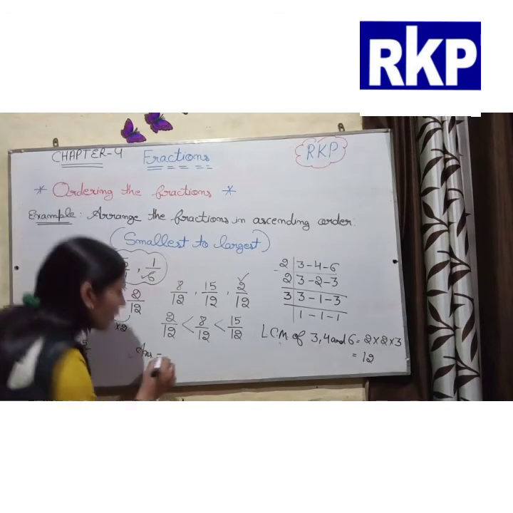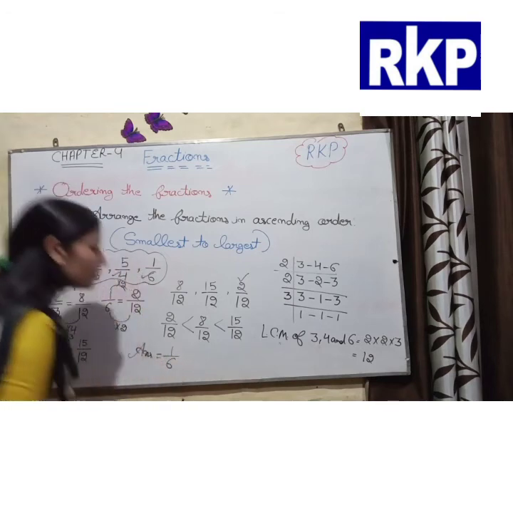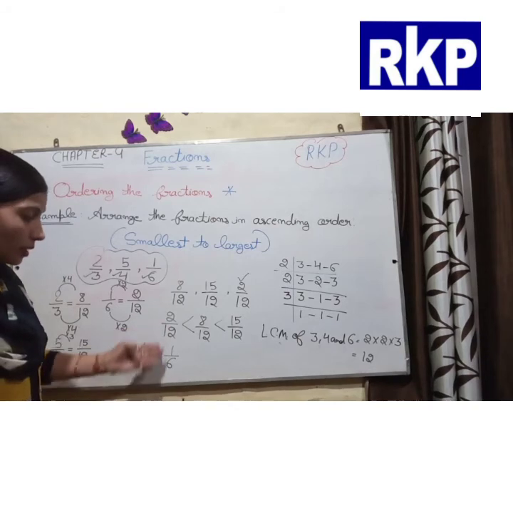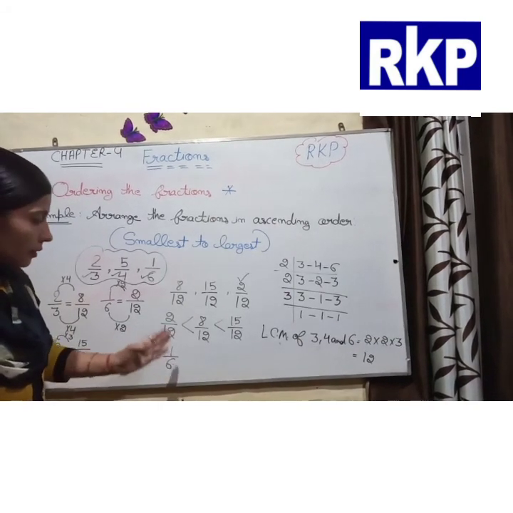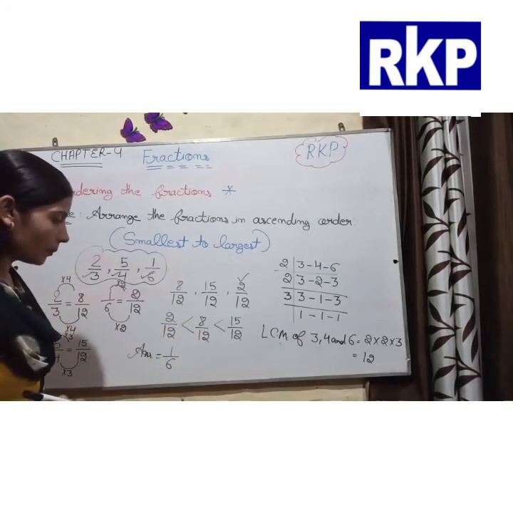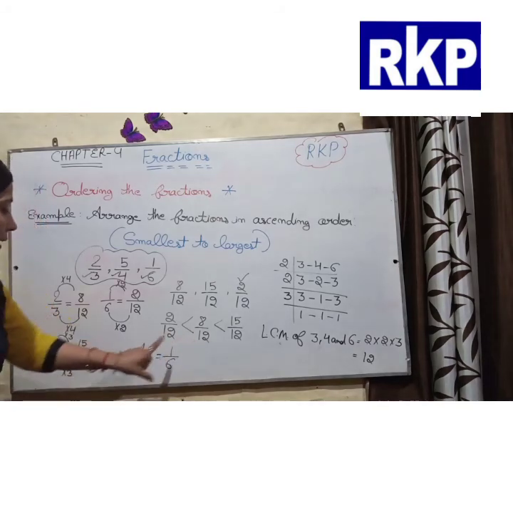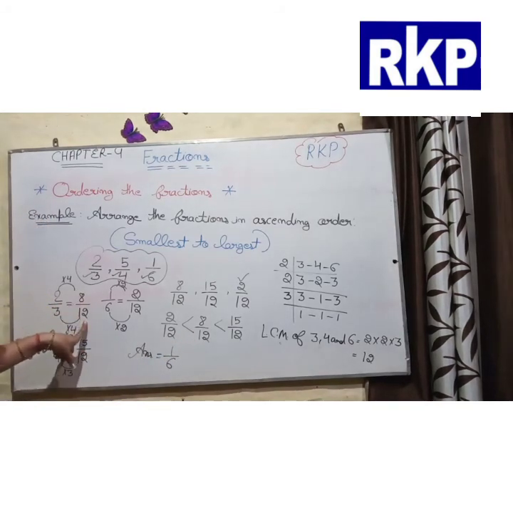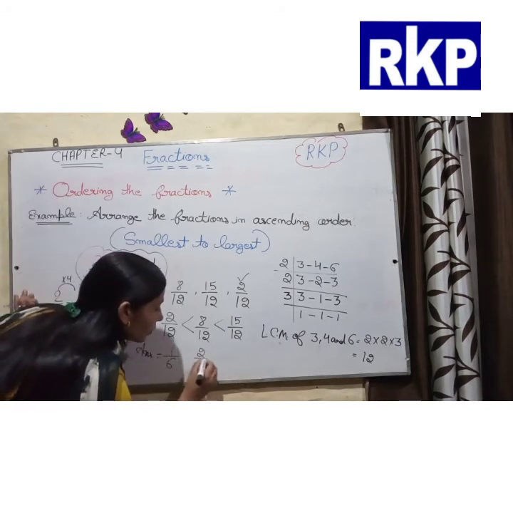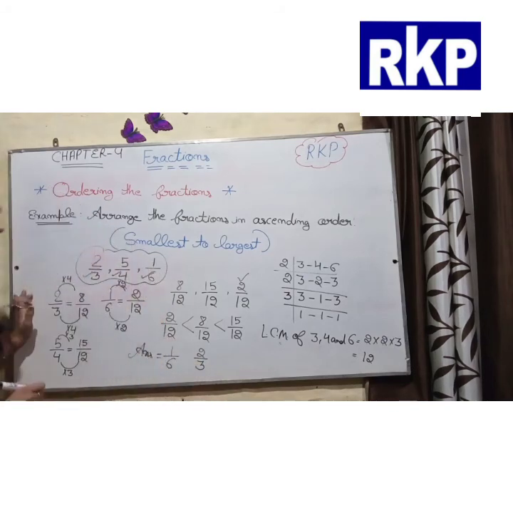So here we will write 1 by 6 for this. And after this we have 8 by 12. And we know 8 by 12 is an equivalent fraction of 2 by 3. So here we have to write 2 by 3.